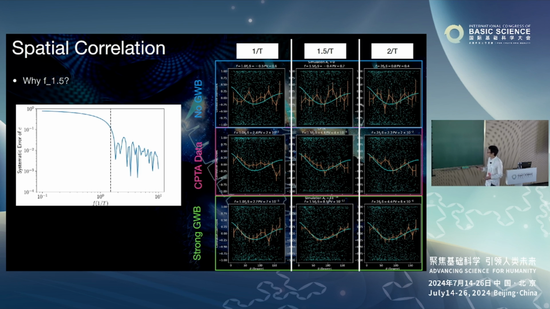The reason why we do that at the frequency bin around 14 nanohertz, which is not the lowest frequency bin, is that if you do some theoretical calculation of the correlation between pulsar pairs, you will find that the systematic error of the correlation is very large at the lowest frequency, and this systematic error decreases as the frequency increases.